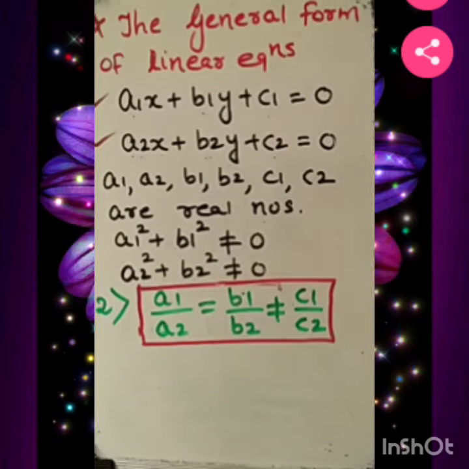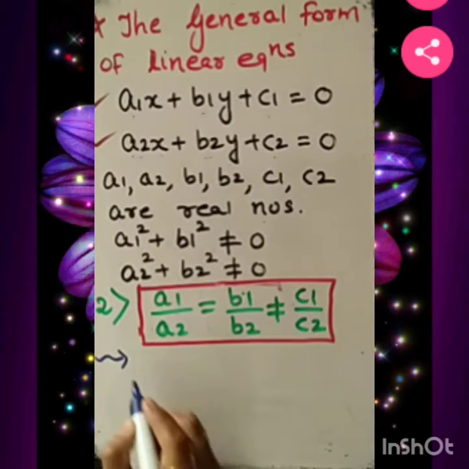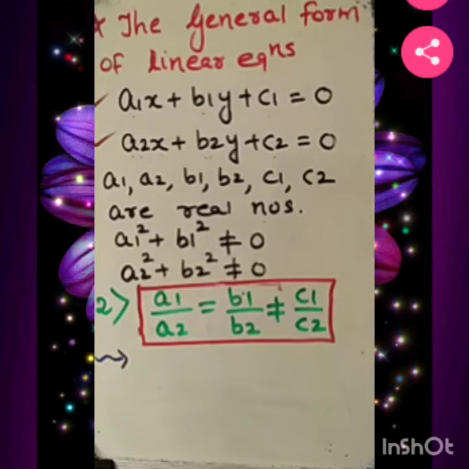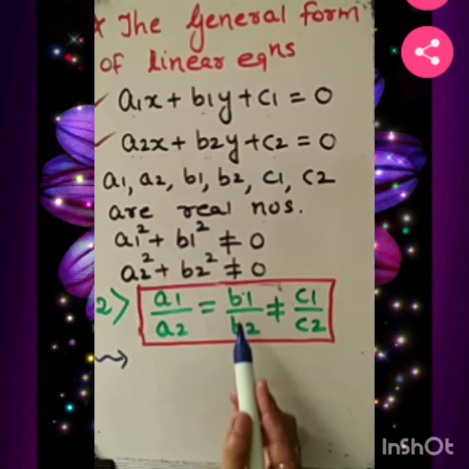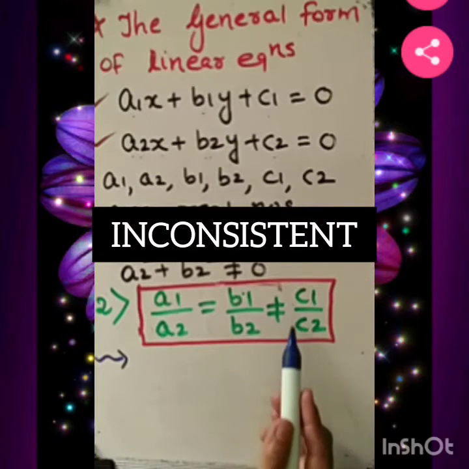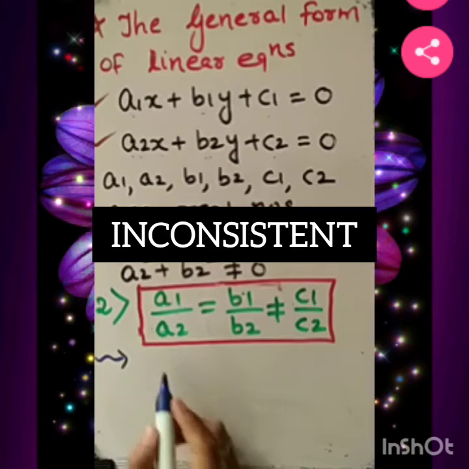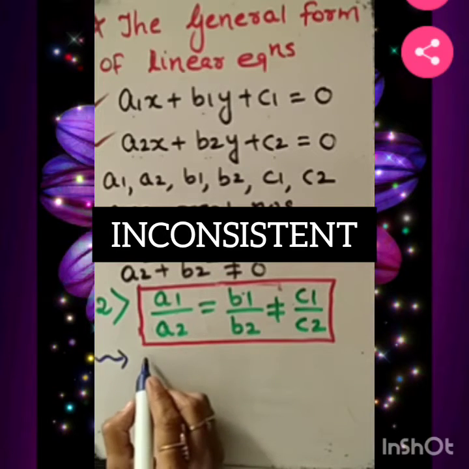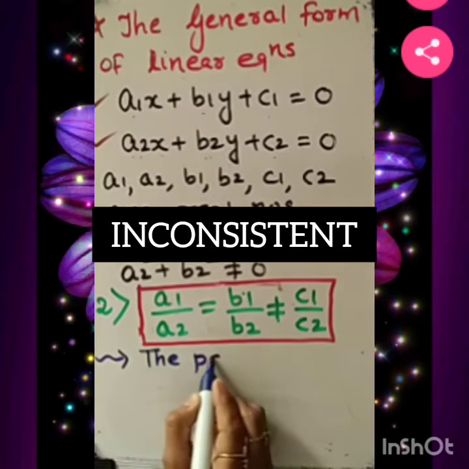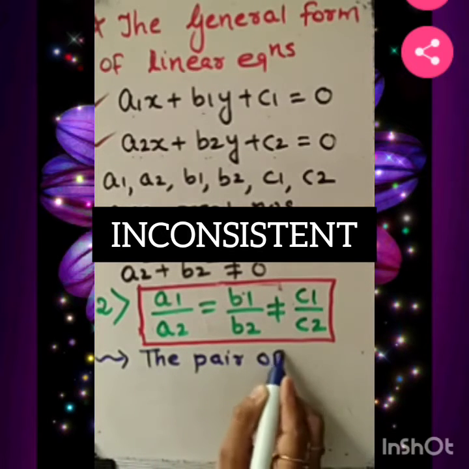Okay, so first we need to write it. Let's say the linear equation is having, at that time when we are having a1 by a2, b1 by b2 not equal to c1 by c2, then equation is inconsistent. We need to write the pair of linear equations.